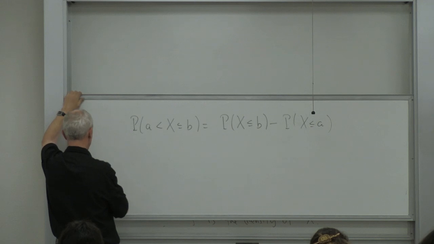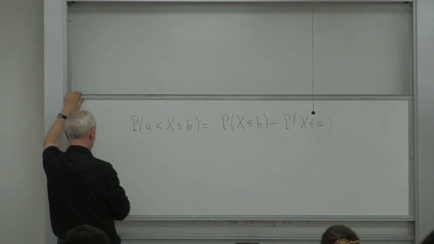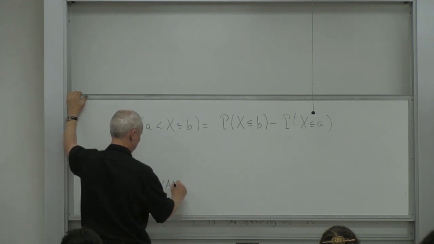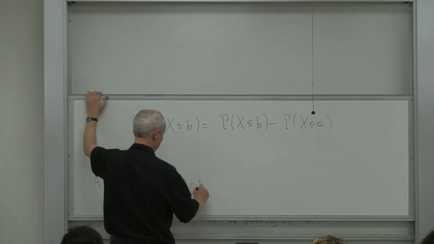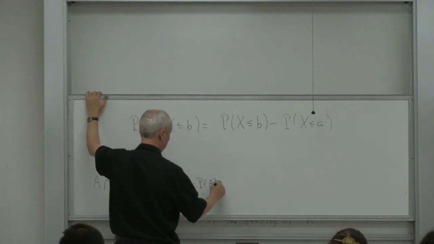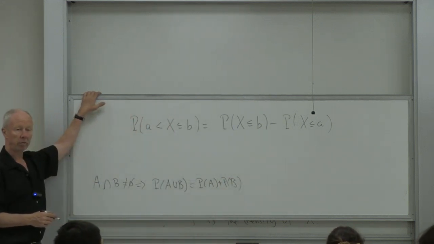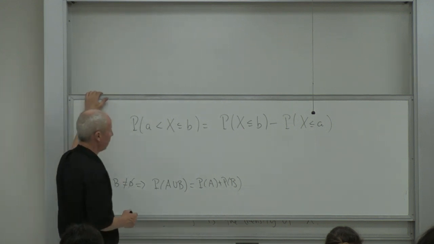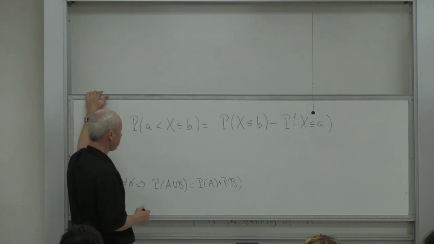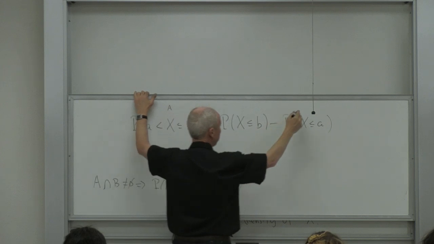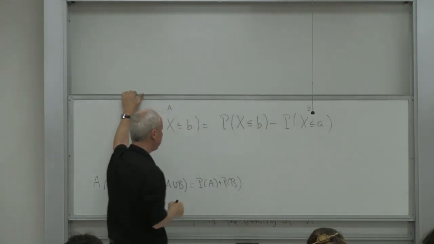Do you remember this? If A and B are disjoint, the probability of the union of the two events is the sum of the probabilities. So think of this as being the event A, and this as being the event B. What's this event in that case?